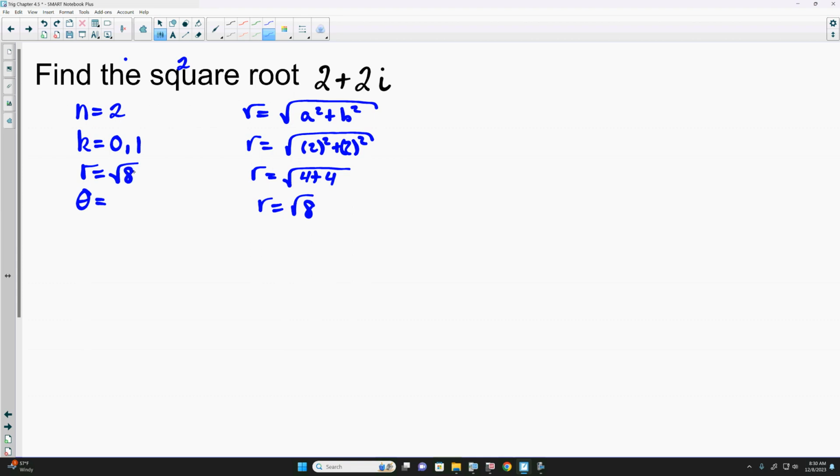Now, as you're looking at this here, you might be saying, well, we can actually simplify the square root of 8. It's actually going to be better to leave it alone because when we start doing the formula, we have to take a certain root of r. And if we have r as what it actually simplifies down to, 2 square roots of 2, we have to then take whatever root that is, and it becomes a little bit more challenging.